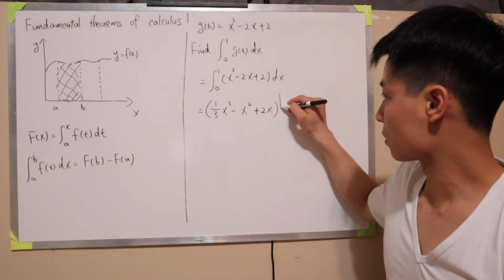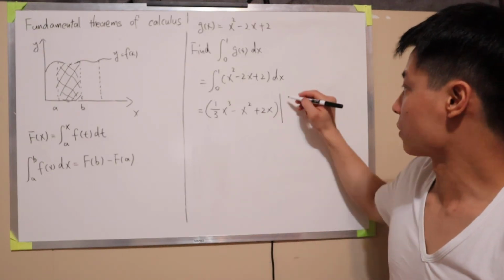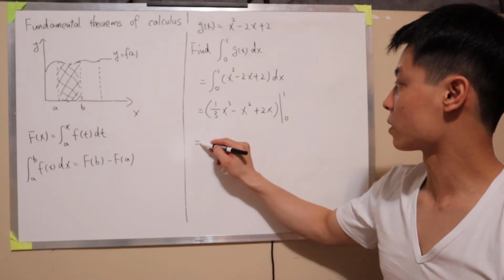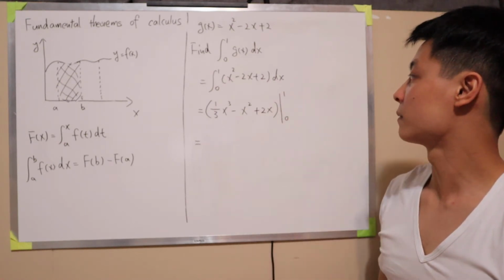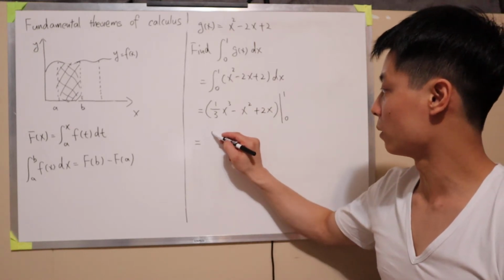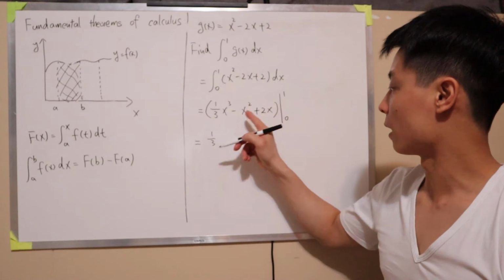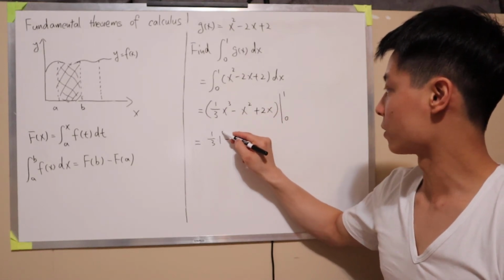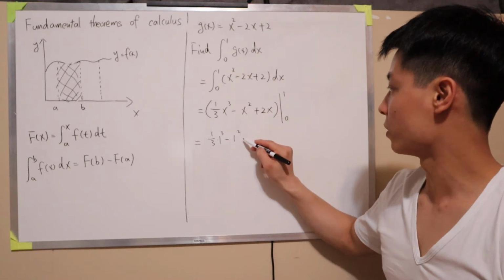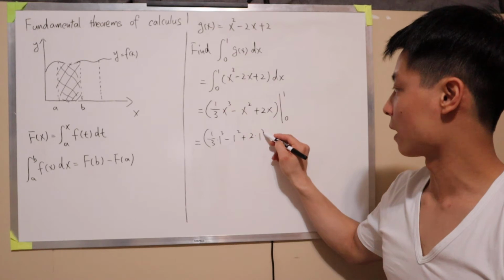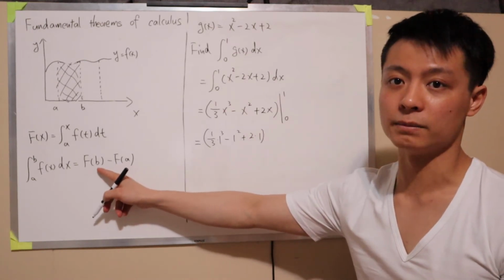And then we write this symbol, which means that we use the upper bound minus the lower bound. So you're gonna plug in the upper bound there, which is gonna be 1 over 3 times 1 to the third, minus 1 squared, plus 2 times 1. That is our F of b.